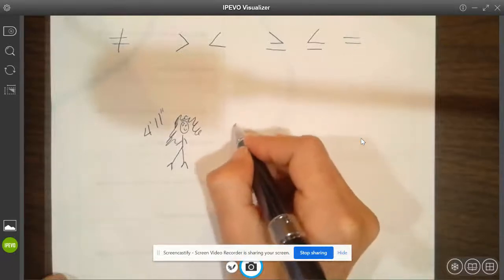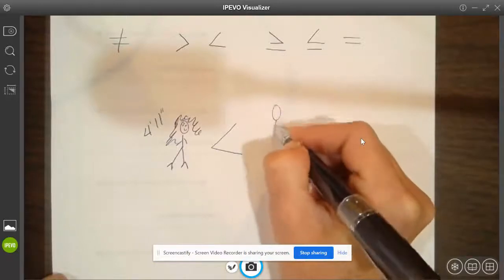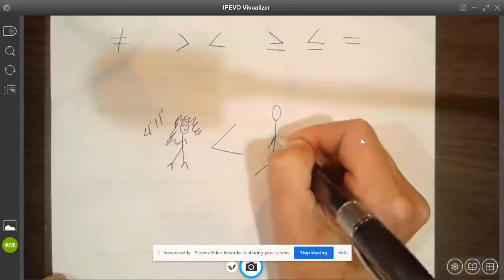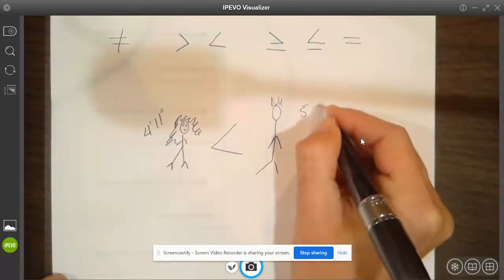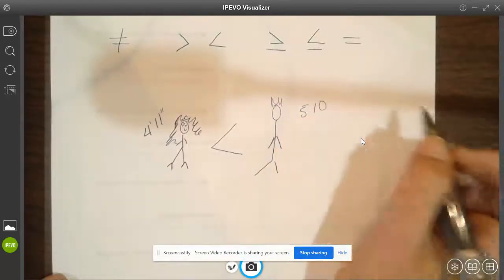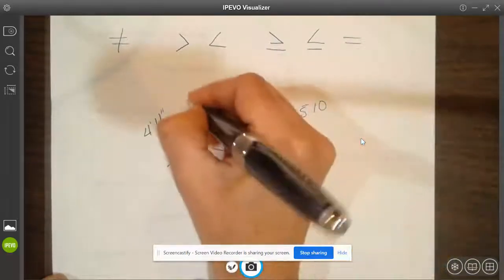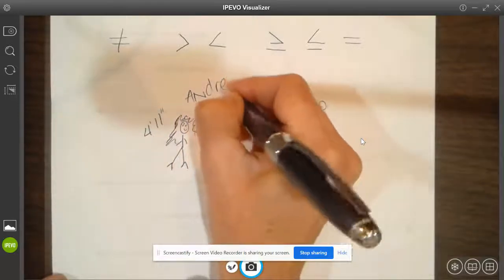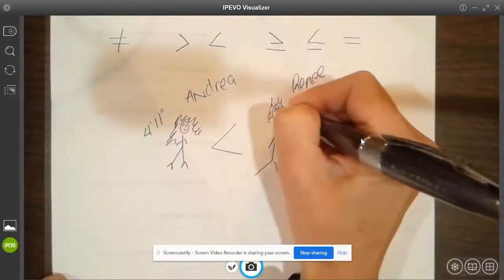All right. So Renee would be a tall person here, right? What is she like? 5'10" or so? I'm not sure. But this is Renee, right? This is Andrea and Renee. Renee has glasses.